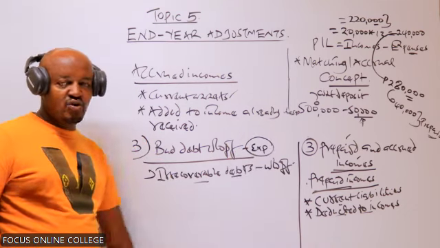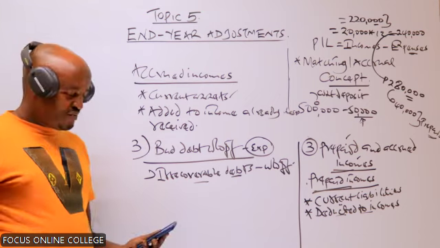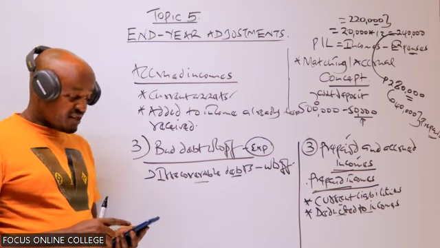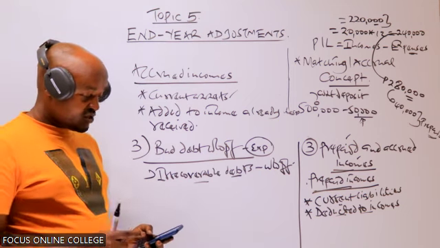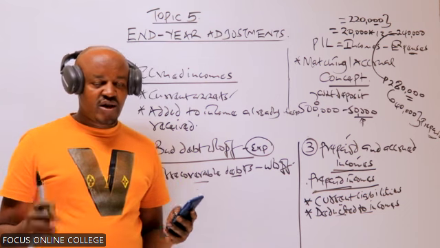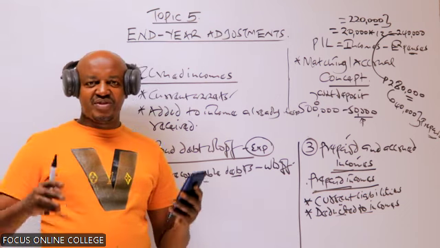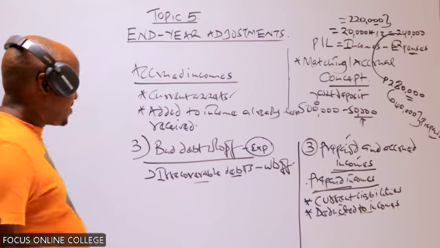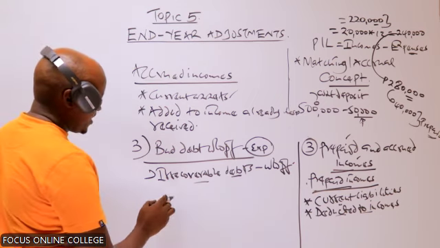Whenever you're computing the profit or loss, you basically account for this bad debt written off. You account for this as what? You account for this as an expense.